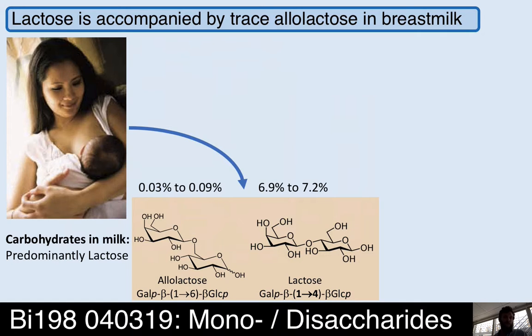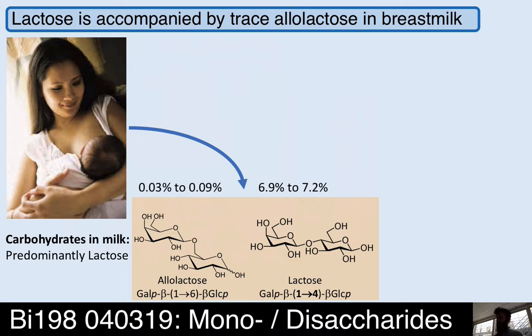No? Okay, so now let's talk about lactose and mother's milk. The reason lactose is there, let's think about this a little bit. So the mother feeds her child, and about 7% of the solids in that milk, the milk solids, are lactose.